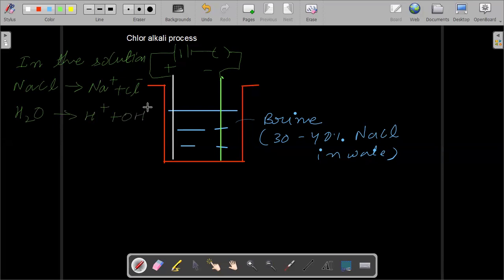So which ions are present in the solution? Arav, are you there?